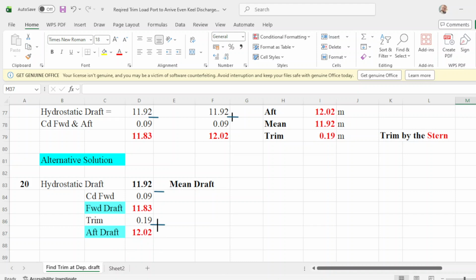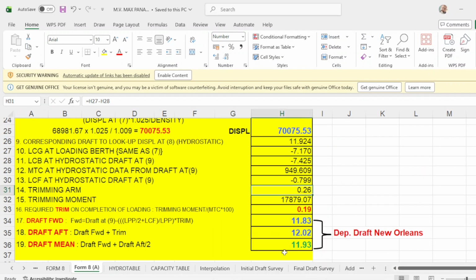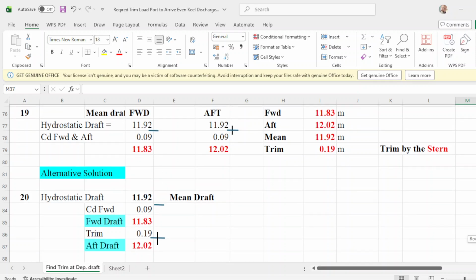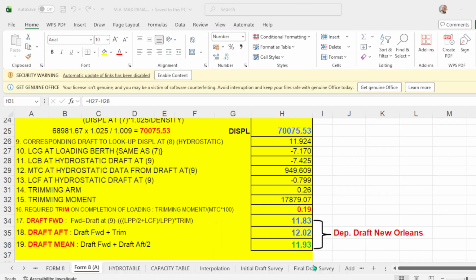Now take note of the forward and updraft by the program, because it here doesn't show how to get this. Here's a formula here, and so forward drop is 11.83. Okay, a little bit up. Updraft is 12.02. And your main drop should be this one.